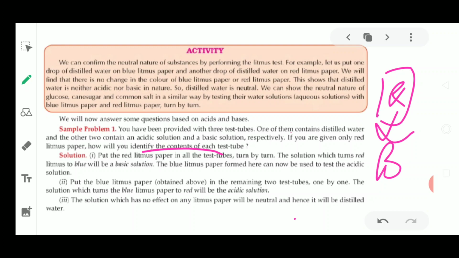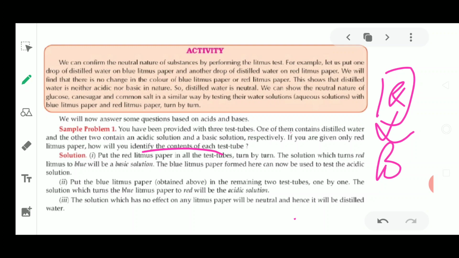So we are going to put one drop of each solution in turn. First you have to put red litmus paper in all three test tubes turn by turn, and you will see that the red litmus will turn blue only with the basic solution.